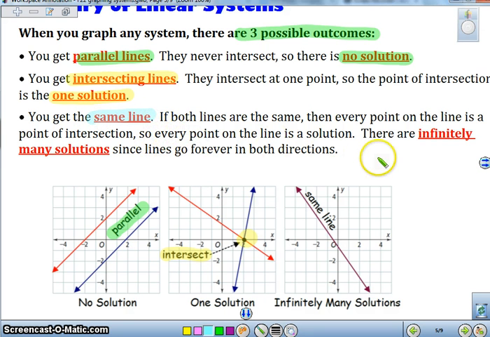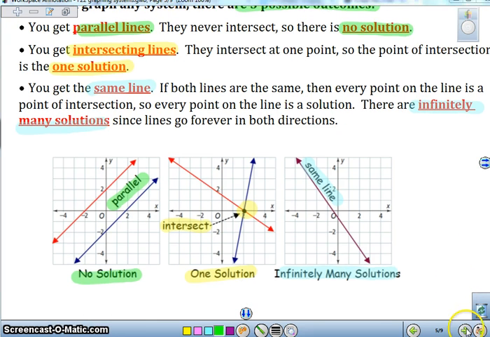It doesn't happen that often, but there are a few of them. And that's when there are infinitely many solutions. So just like when we were solving before, we have one solution, infinitely many solutions, and no solution as we are looking at our graphs. Make sure you read through this page rather carefully.